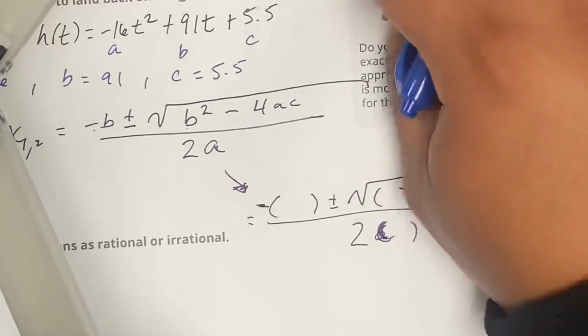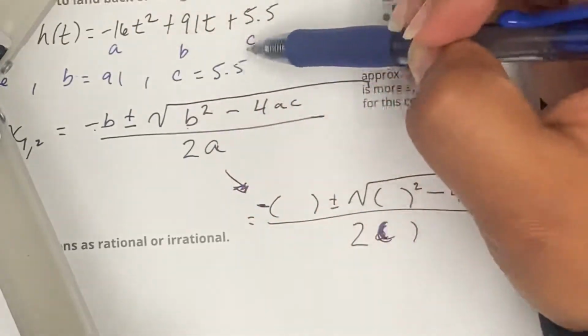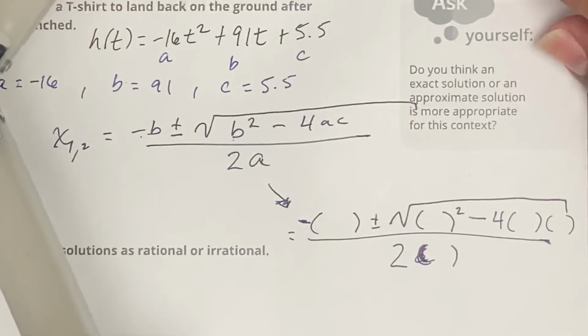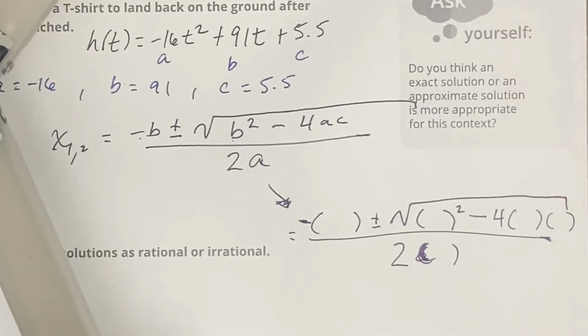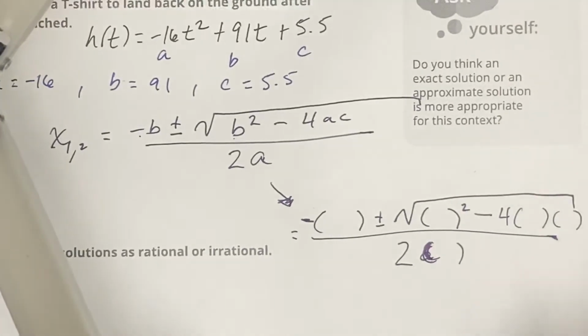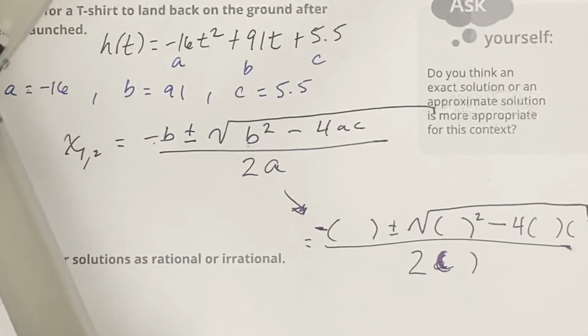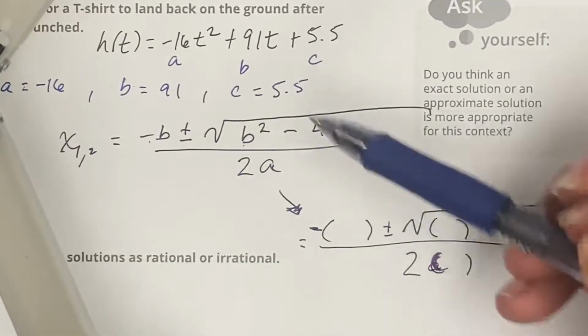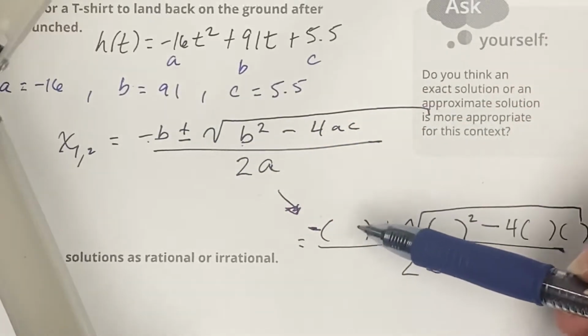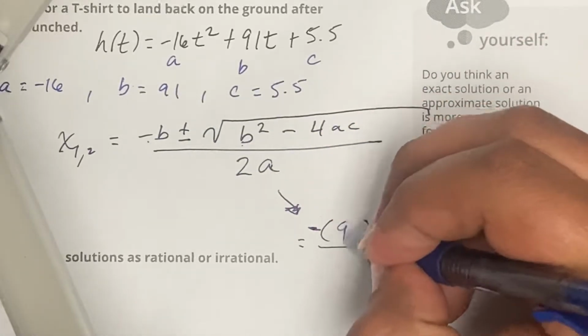B is my first one. So I go up here to where my ABCs are at. We should know that first one's A. Okay, so B is my first value, which is 91. So I'm going to put 91 right there.